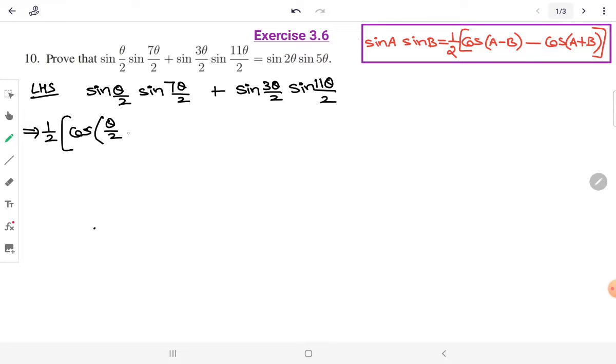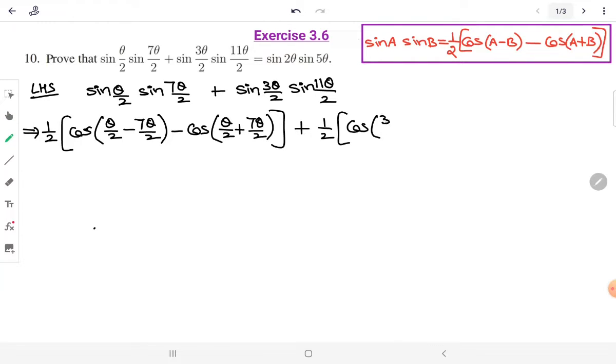So A minus B is θ/2 minus 7θ/2, minus cos(A plus B), θ/2 plus 7θ/2, plus, now for the next two terms also the same formula, sin A sin B. So half of cos(A minus B), 3θ/2 minus 11θ/2, minus cos(A plus B), 3θ/2 plus 11θ/2.